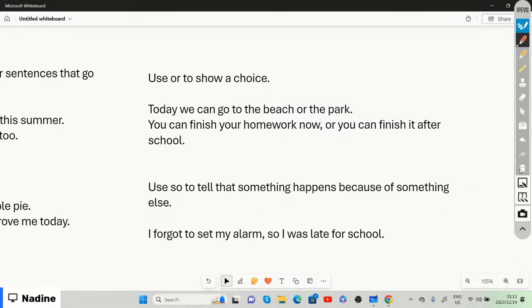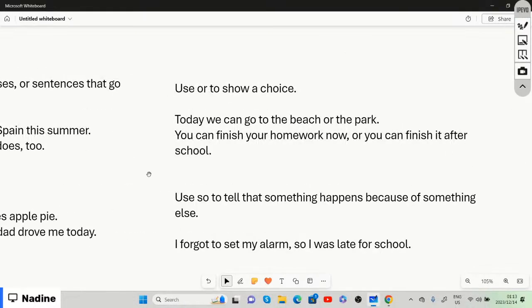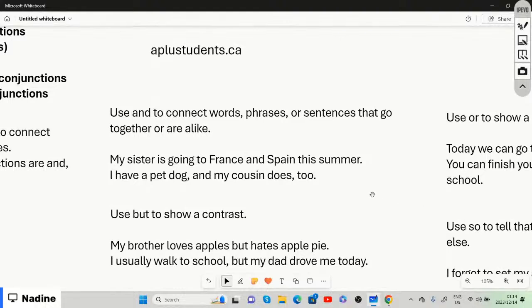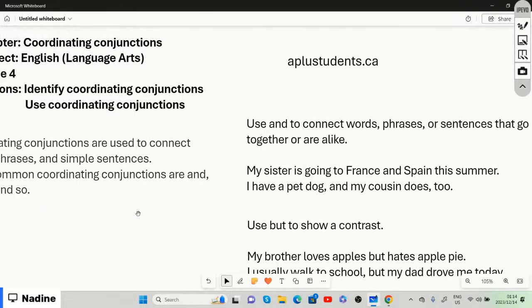And these are all coordinating conjunctions.